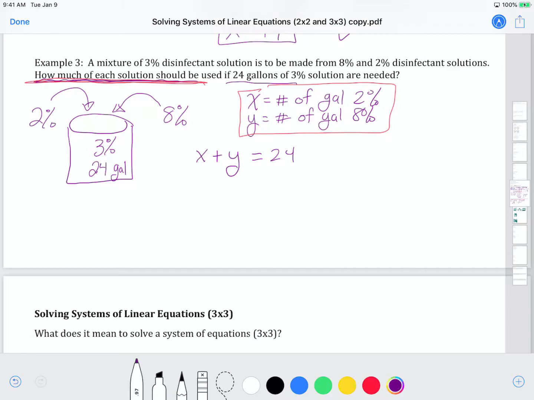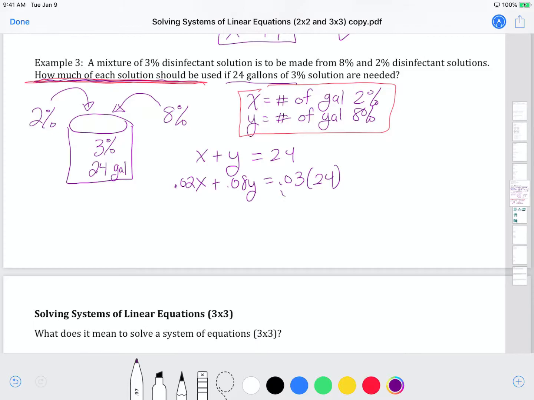Okay, now for my second equation, this is where the percentages come in. I want 2% of X gallons, and I want 8% of Y gallons to give me 3% of 24 gallons. So now I have my system of equations.